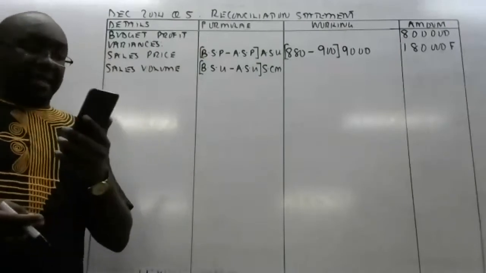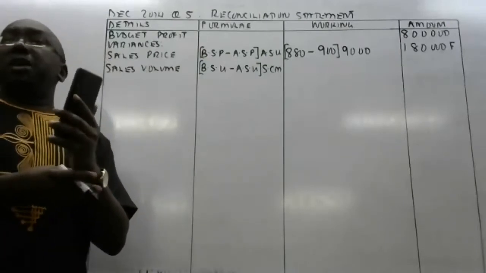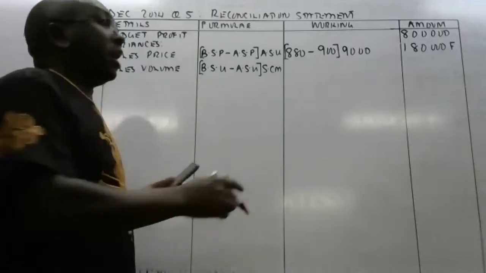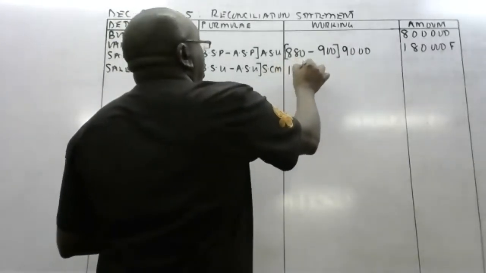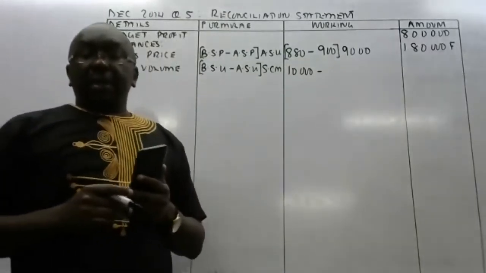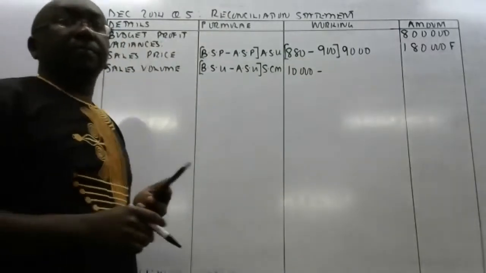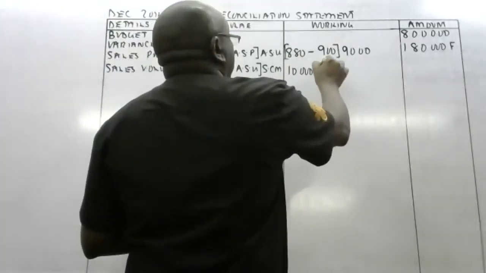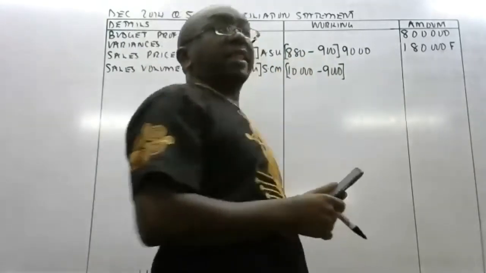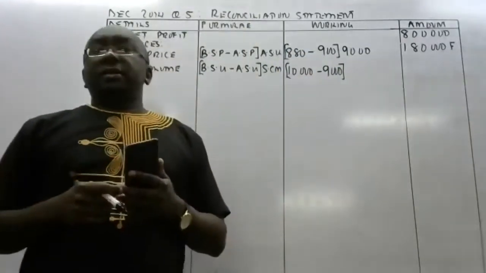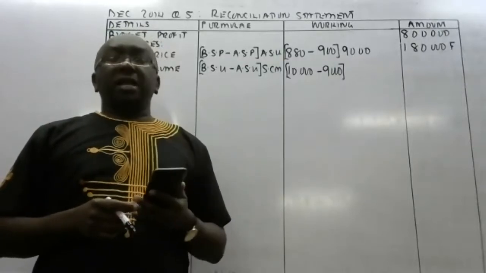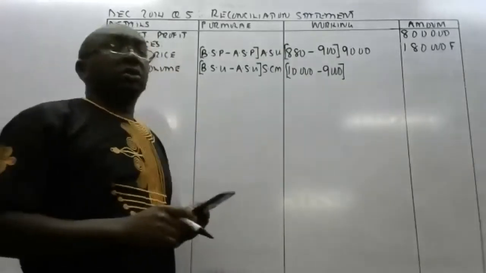According to the budget, hapo juu, sales were supposed to be how many units? 10,000 units. And according to the actual results down there, we ended up selling how many? 9,000. Alafu ukikibia hapo juu kwa the standard card, you will establish that standard contribution margin was how much? 200.